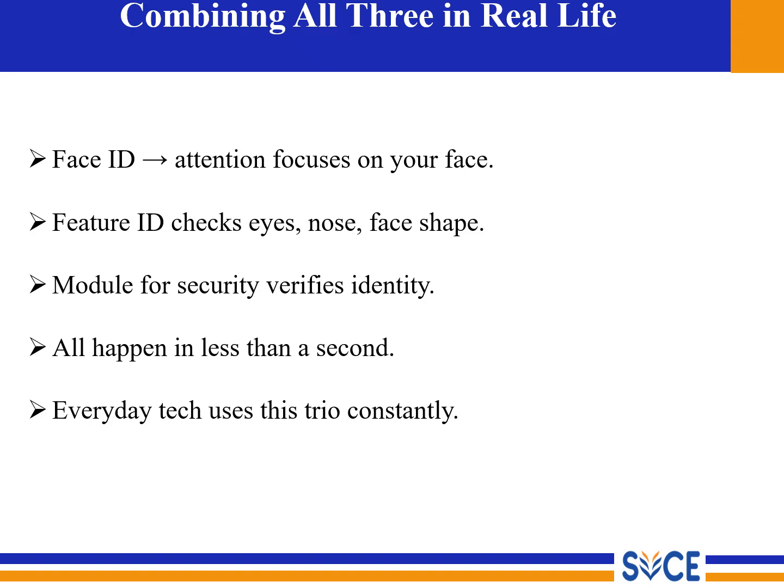When you unlock your phone using Face ID, the system is not scanning your entire body or background. It is focusing only on key facial features like your eyes, your nose, and the face structure. This selective focus is called attention.